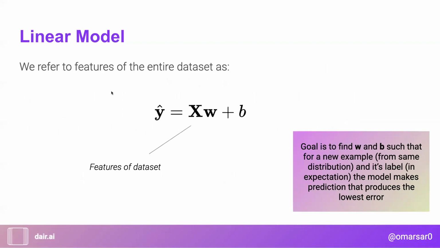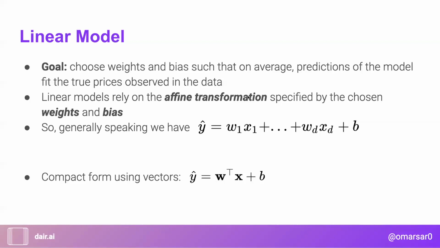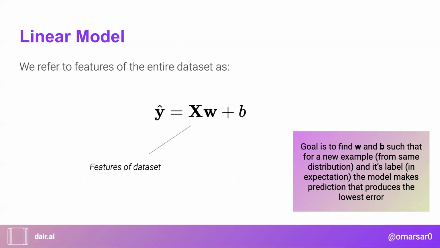Right. So now this one in particular is just talking about a particular example, but you want to work on an entire data set, so it's going to look something like this, right? X represents the matrix of features of the data set. It's going to contain all the features, all the examples. Notice the formulation changes a bit.